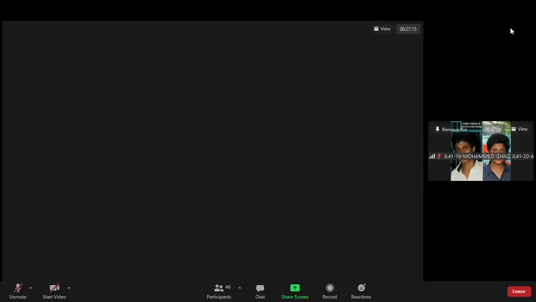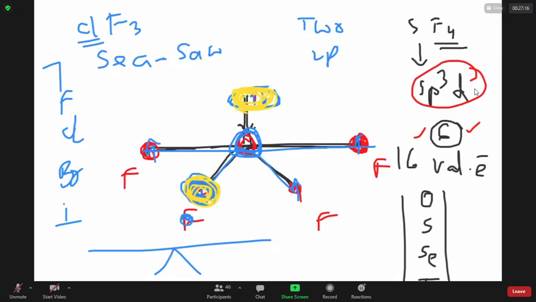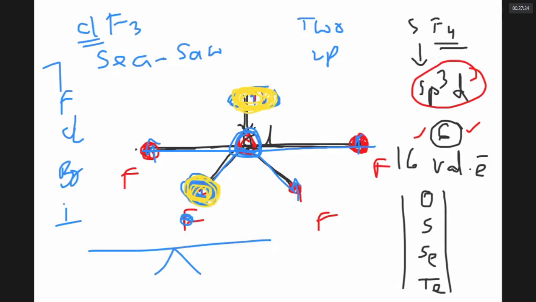Here is a lone pair. And it is your Cl, and these are fluorines. What is the shape now? T shape. Notice this is coming towards you. It is like this. Can you see it?